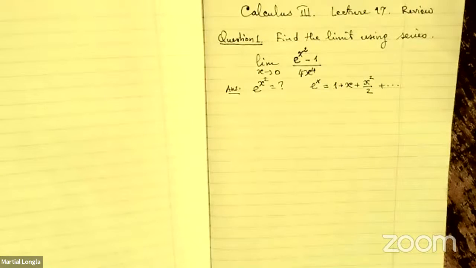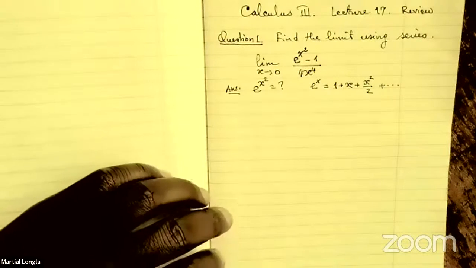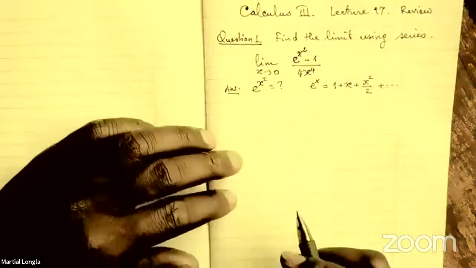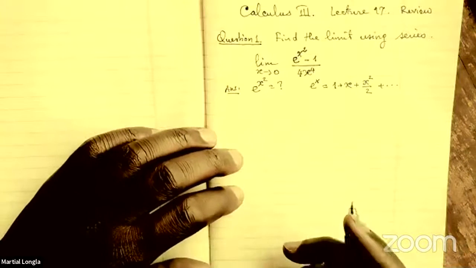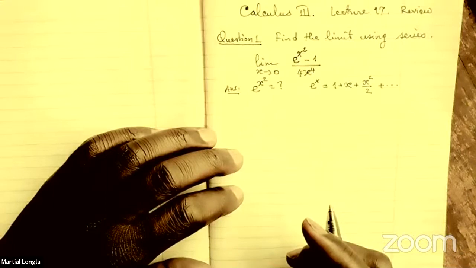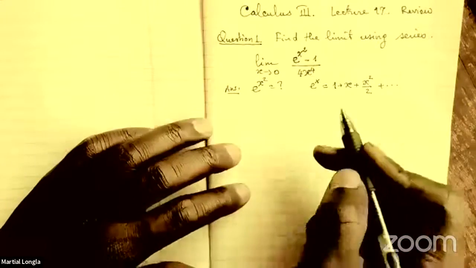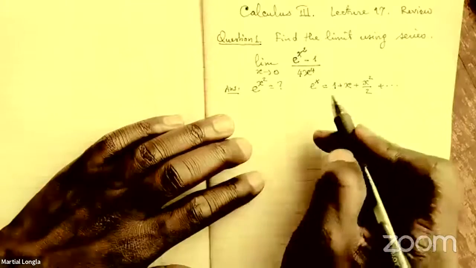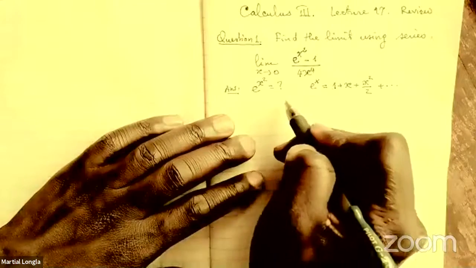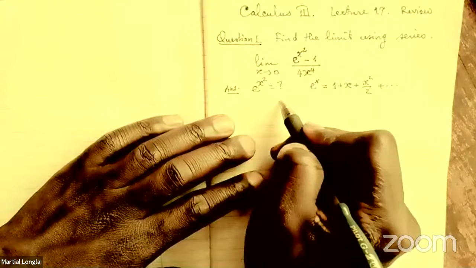I don't need to go further because I'm going to plug in x squared and obtain what I need. And so in this case, what we obtain is e to the x squared equals 1 plus x squared. We replace x by x squared.